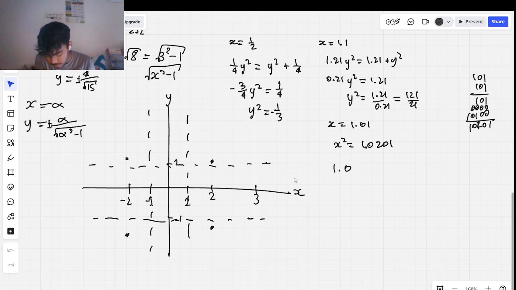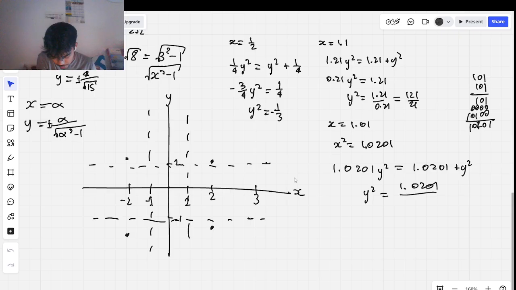It means 1.0201 y squared is equal to that plus y squared. That means y squared is equal to 1.0201 over 0.0201, which means that y squared is equal to 10201 over 201.